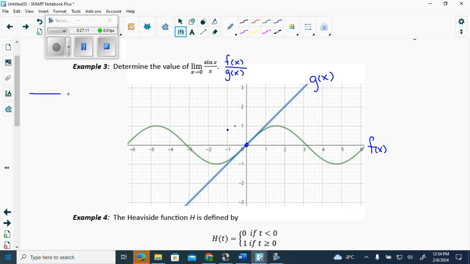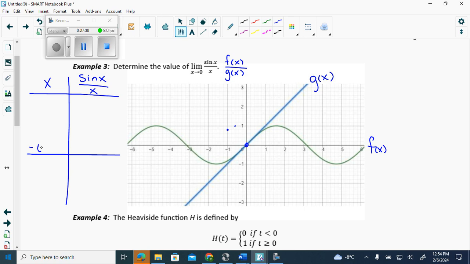So we can do it with a graph, or we can do it with a table, right? I want you guys to try it with the table, but I want you to see what the table is doing. It's dividing your two functions apart. So this would be your x, your y would be sine x divided by x, and we need to pick values closer and closer to 0. Do we need 0? Do we care about 0 when we're doing limits? No, we need values close to it.